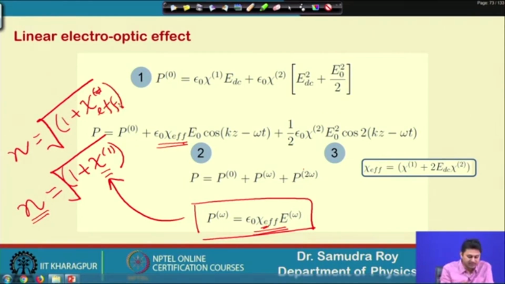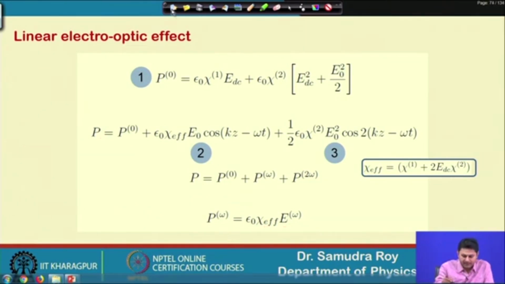So, this chi effective is now a new term, as I mentioned, which changes the refractive index. If I write n, then I should write here n effective. So, the effective refractive index is going to change because of the application of the DC electric field.